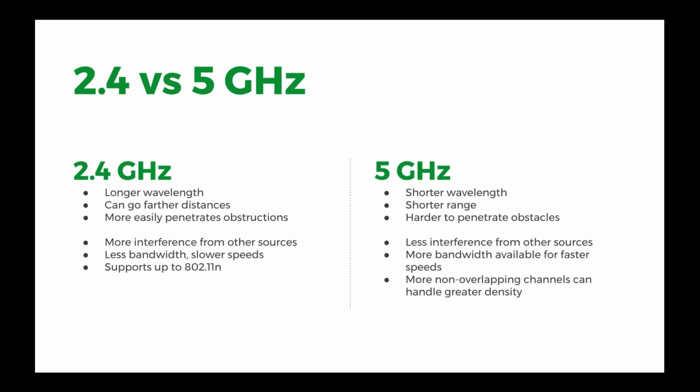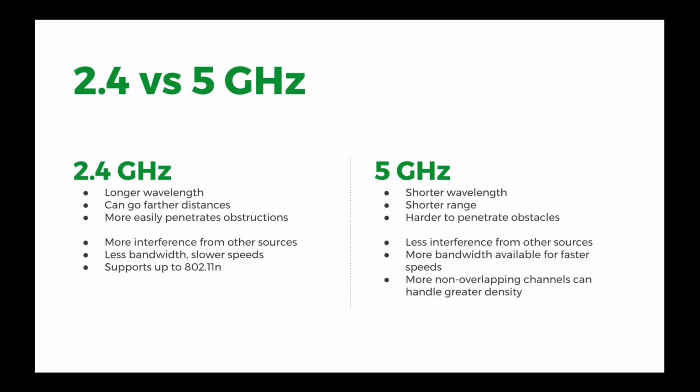So AM radio is low frequency and can go farther, but it's more susceptible to interference, and the bandwidth available is less. And so on 2.4, you can go longer distances, and it more easily penetrates obstructions such as walls and trees.